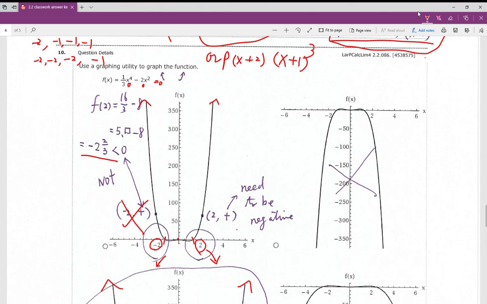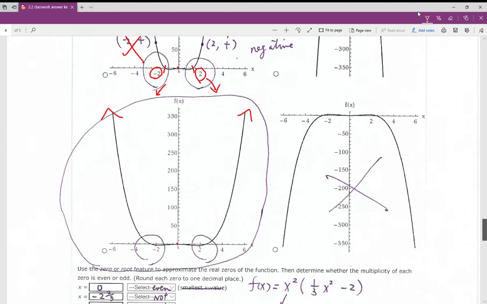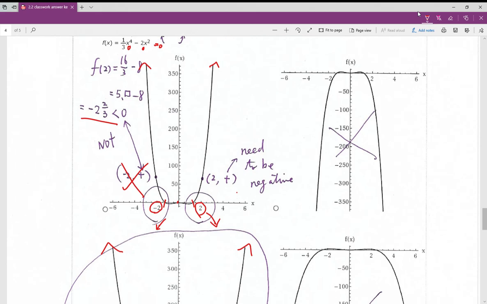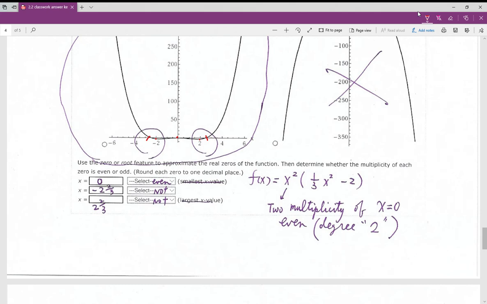That's a wrong x-intercept. The correct x-intercept is where? Oh, they have the correct x-intercept. But even though they have a correct x-intercept, no, that's not correct. The x-intercepts need to be one greater than 2, one is 0, and one is smaller than negative 2.